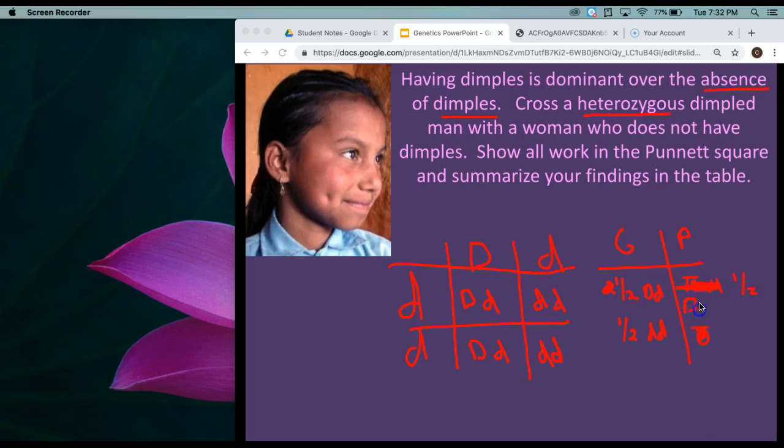So dimples, sorry, this is a mess. I'm trying to write this with my mouse. And 1/2 no dimples. You get the picture.